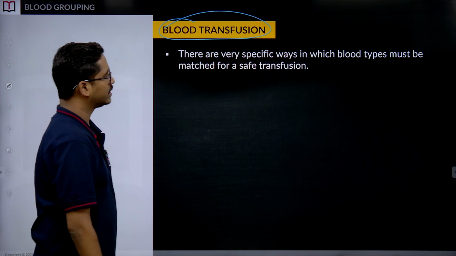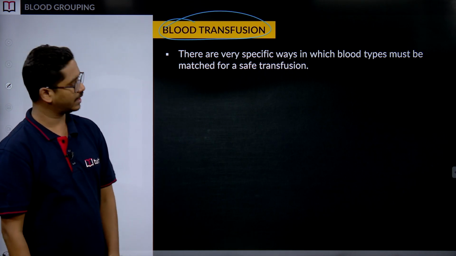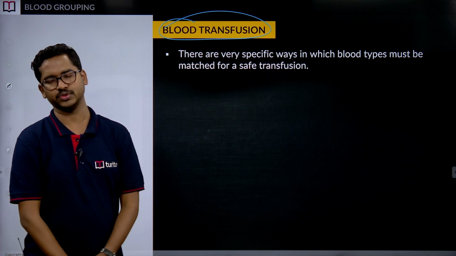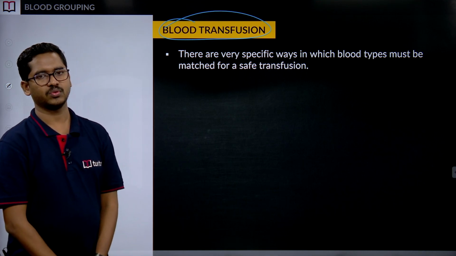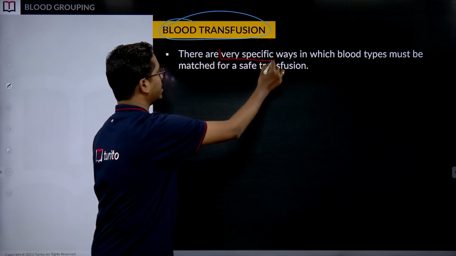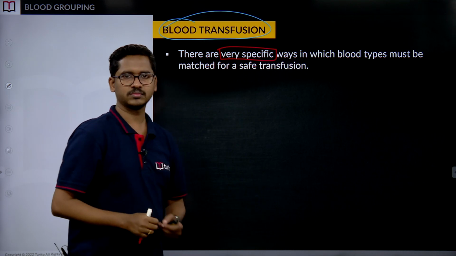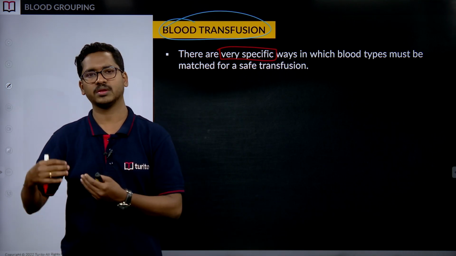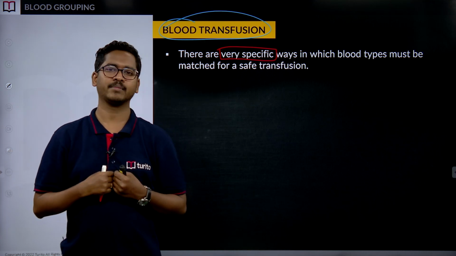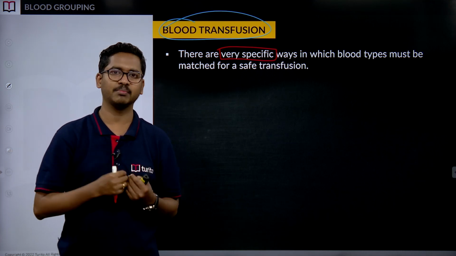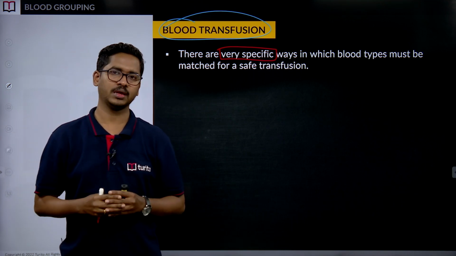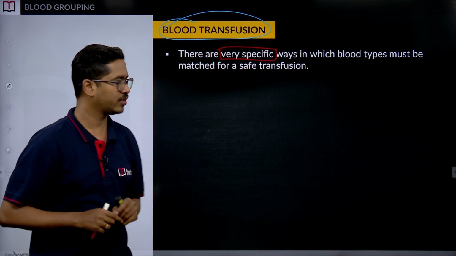Here there are very specific ways in which blood types must be matched for safe transfusion. What this means is, whenever we undergo any blood transfusion from our body to some other person or from some other person's body to ours, if we have to get blood or give blood to someone, it has to be done very specifically.